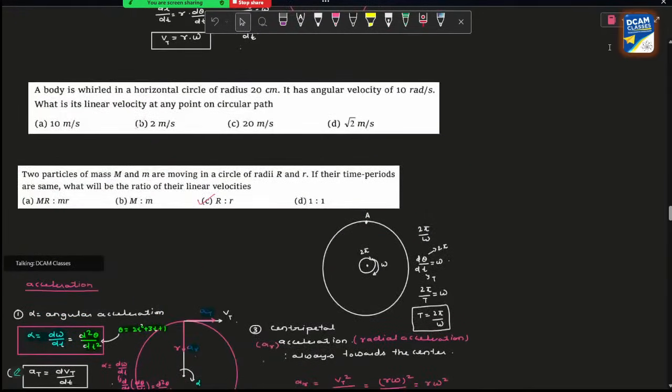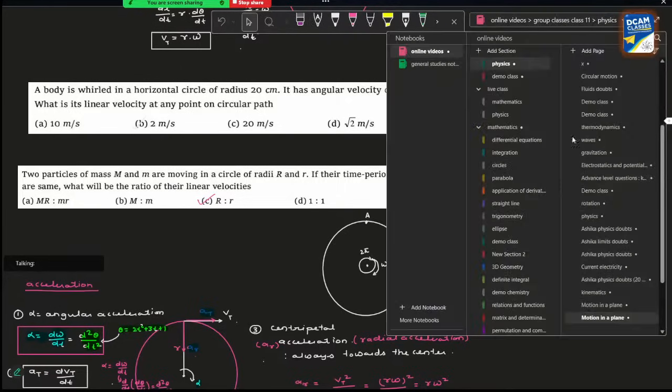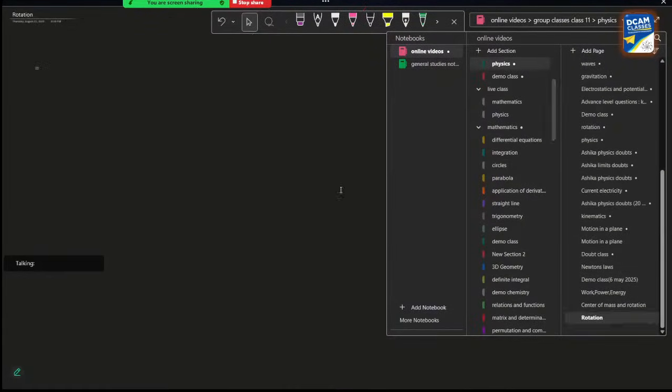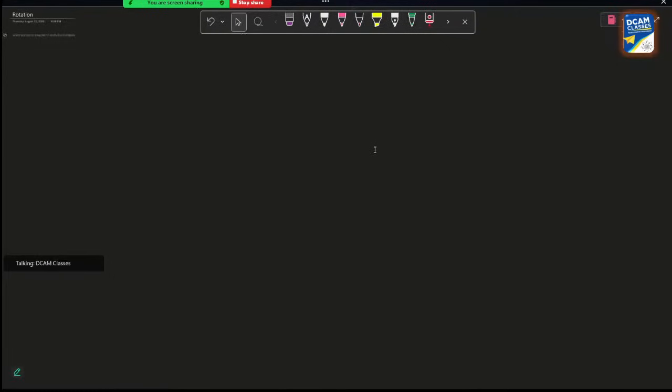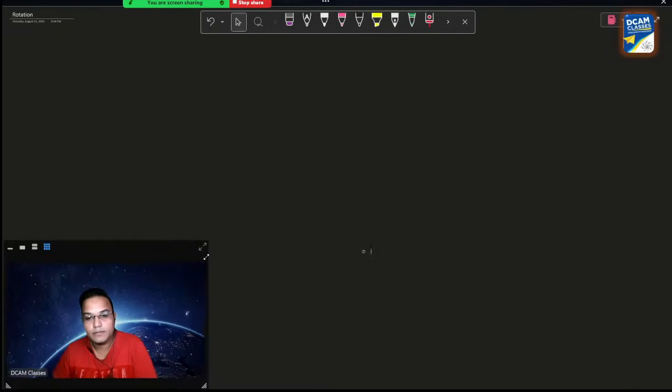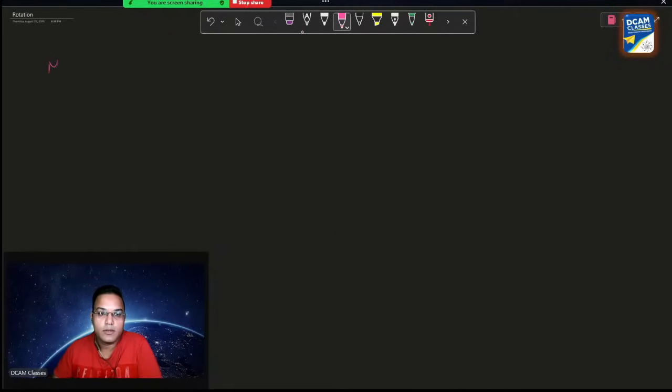So now we'll be directly starting with the next part of the rotation. The next part of the rotation will start from moment of inertia. Now, do you have any idea about moment of inertia?